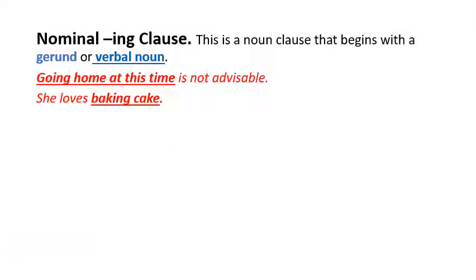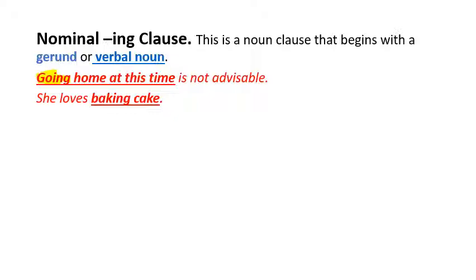Next one, nominal ing clause. Now the clauses sometimes start with a word which has ing. However, pay attention, students, this is not a verb. This is called a gerund. Sometimes when you add ing to the verb, you are changing the verb into a noun.